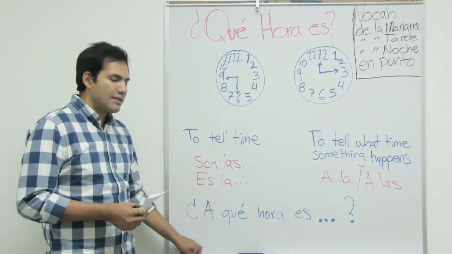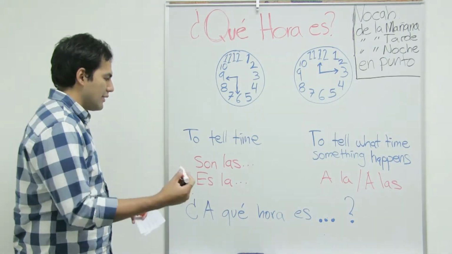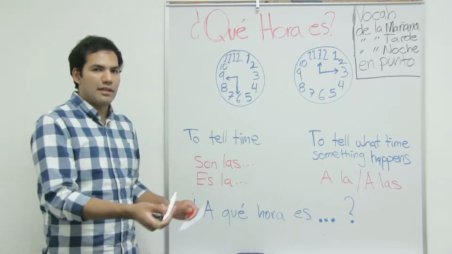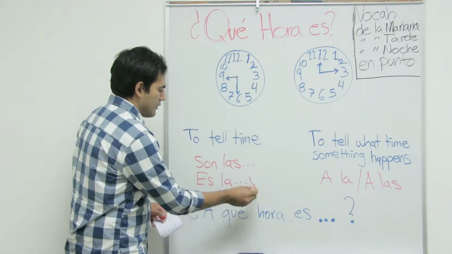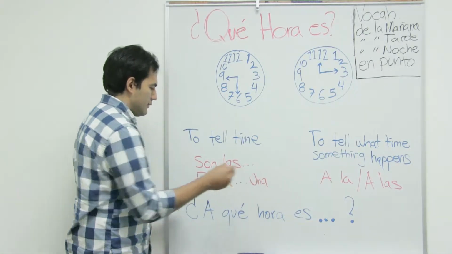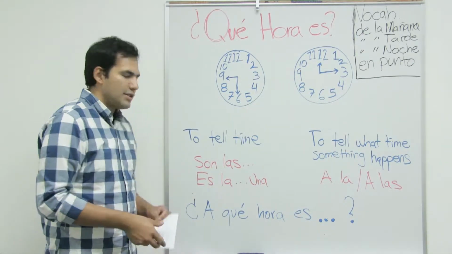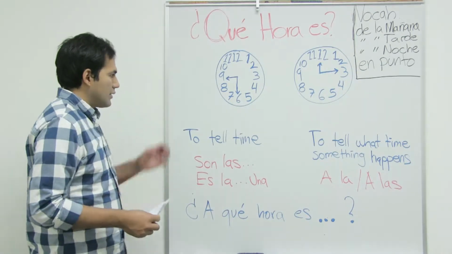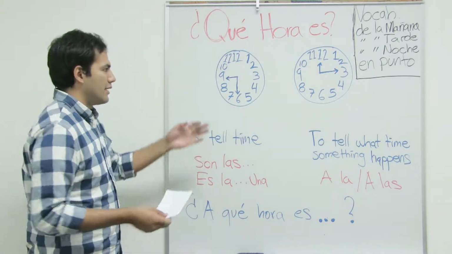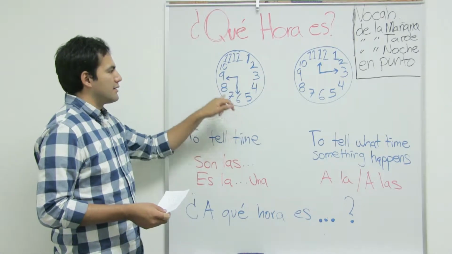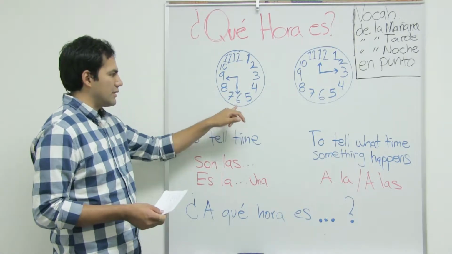And one thing about using 1, or telling that it's 1 o'clock or 1:30, you're always gonna make uno feminine, okay? So that's an important thing. So for example, if someone asks you, ¿qué hora es? Then you look at the clock and then you can see, oh, so 9:30.